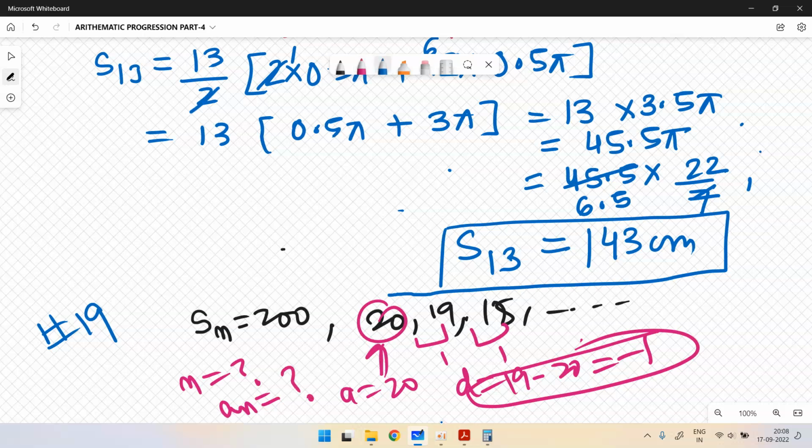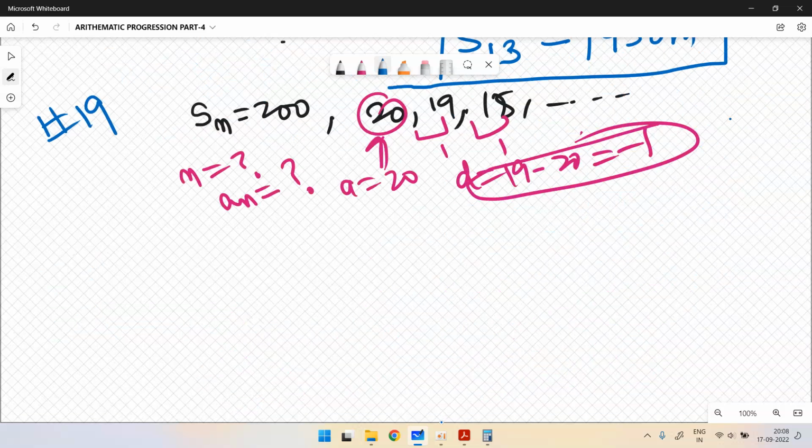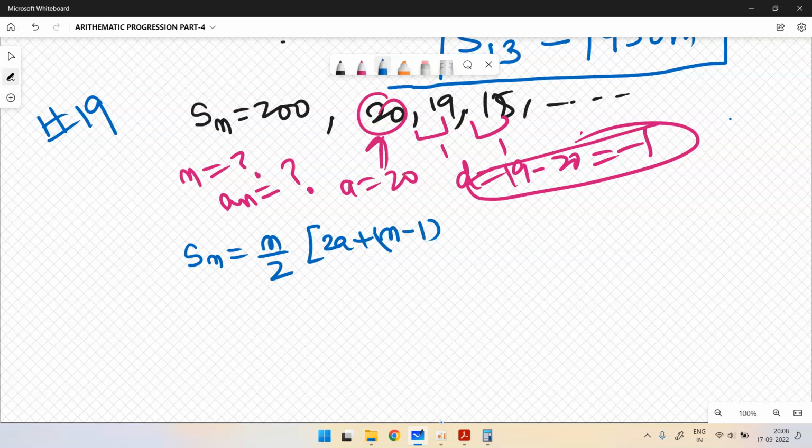It is given that S of n is 200. You write the formula S of n equals n by 2 into 2a plus n minus 1 d.